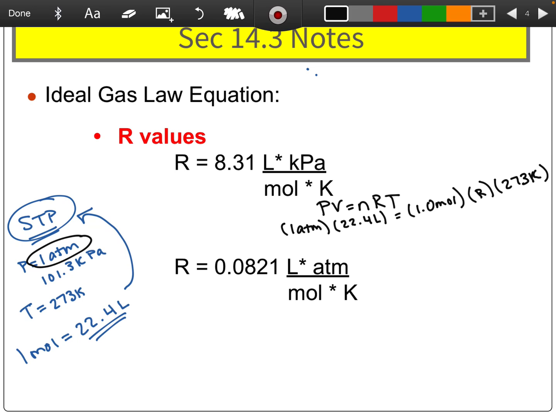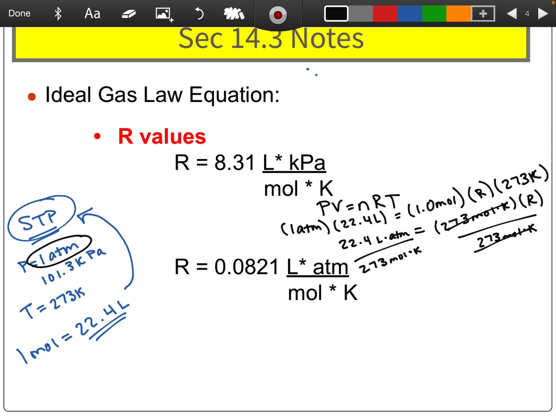So if we take 1 ATM times 22.4, we get 22.4, and that's liters times ATM. And then if we take 1 times 273, we get 273, and that is moles times Kelvin, and then times our R value. So to get R by itself, we have to divide each side by our 273, and then the unit is moles times Kelvin.